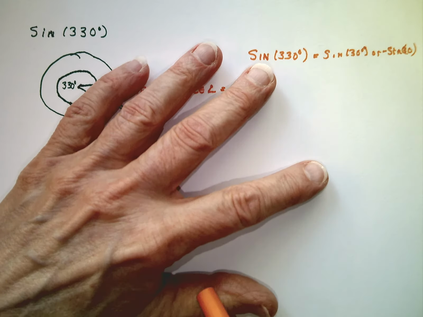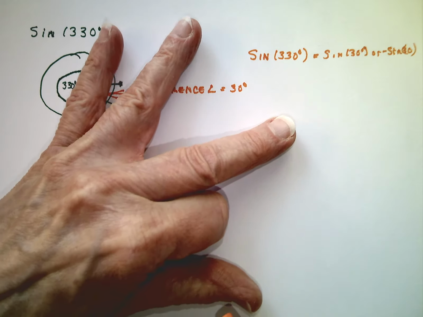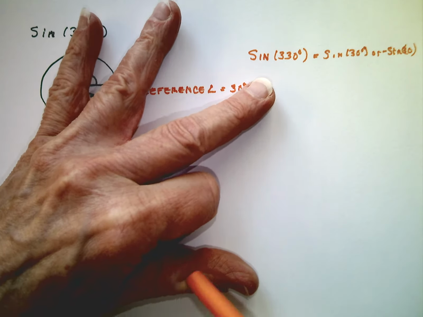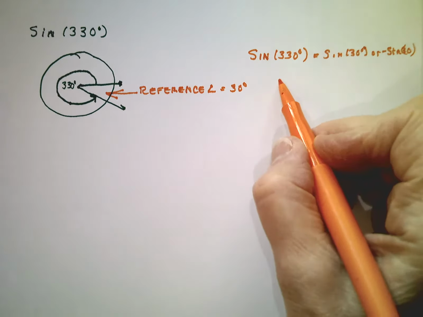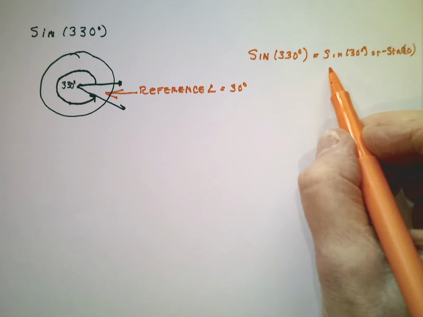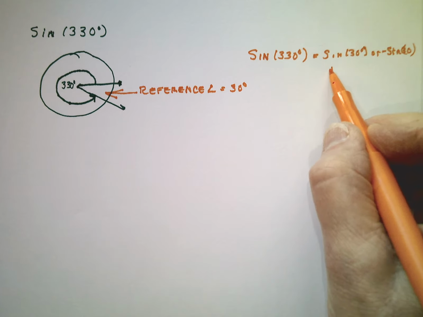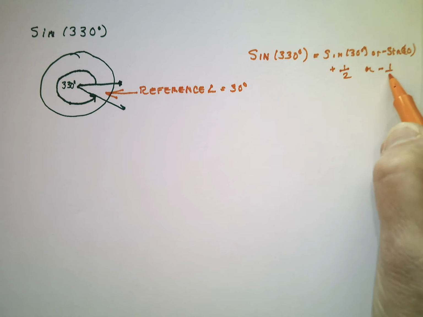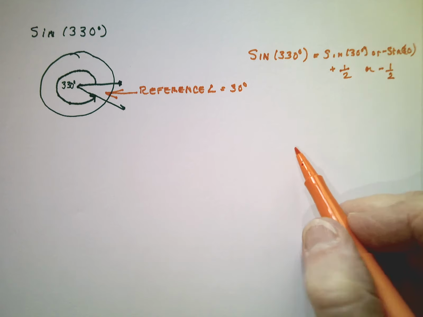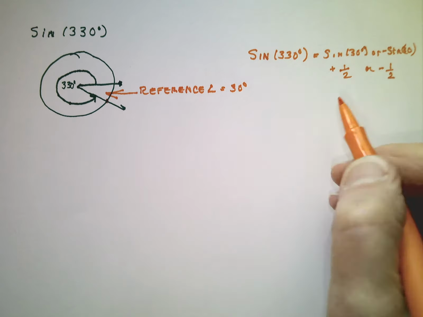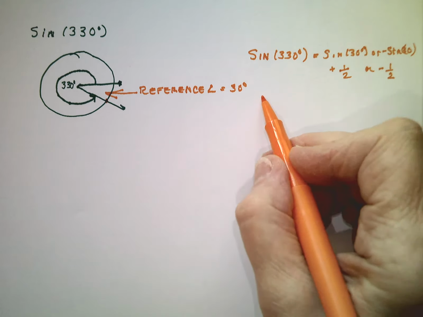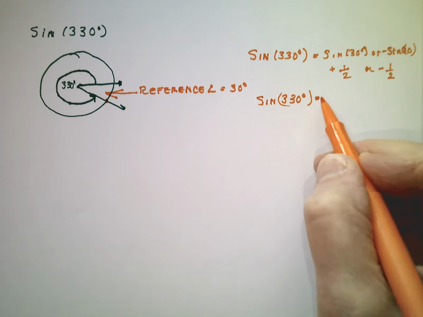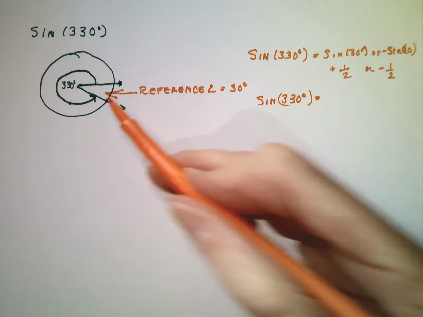If this is 0, then 30 degrees is here. Sine value is going to be the square root of 1 divided by 2. So it's going to either be positive 1/2, or it's going to have to be negative 1/2. At this location right here, the sine value is going to be negative. So the sine of 330 degrees is the same as the sine of 30 degrees but negative.